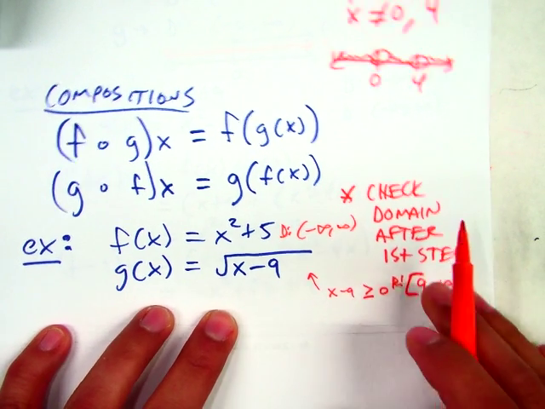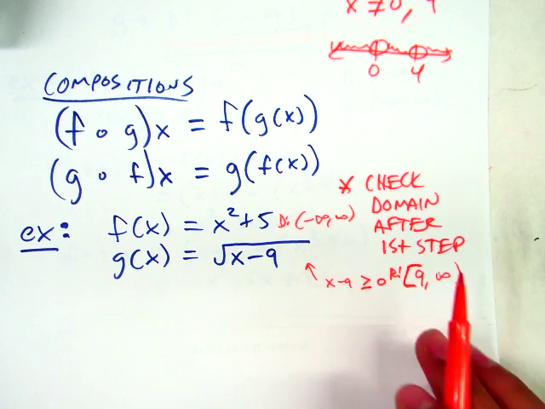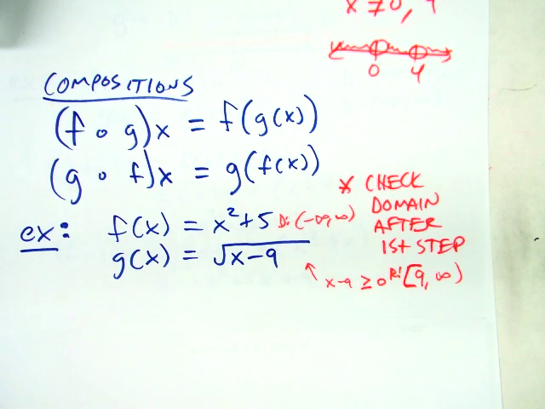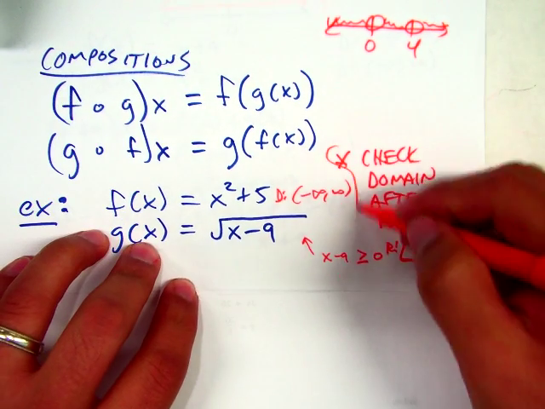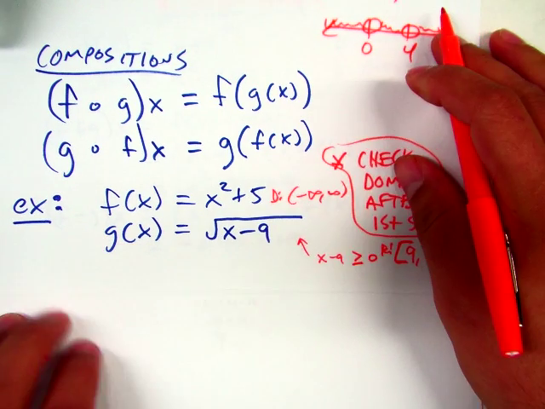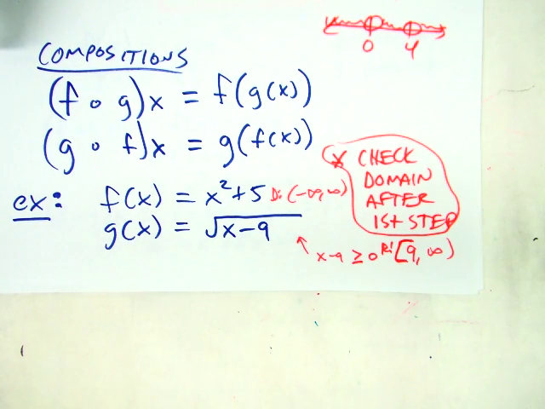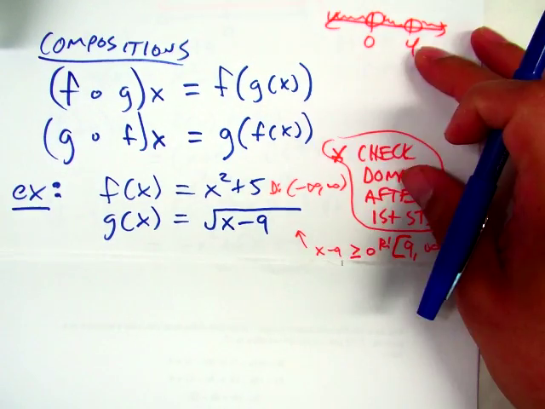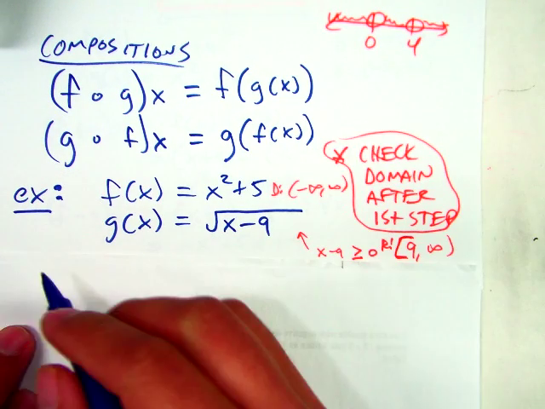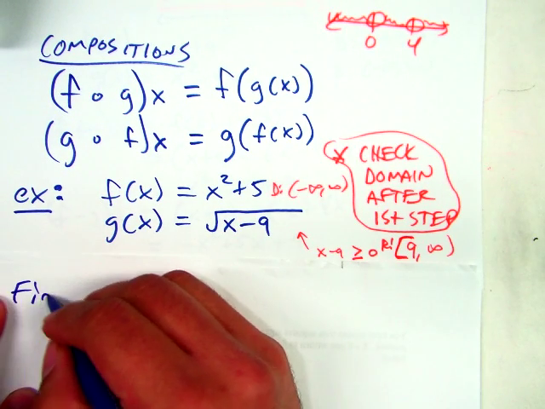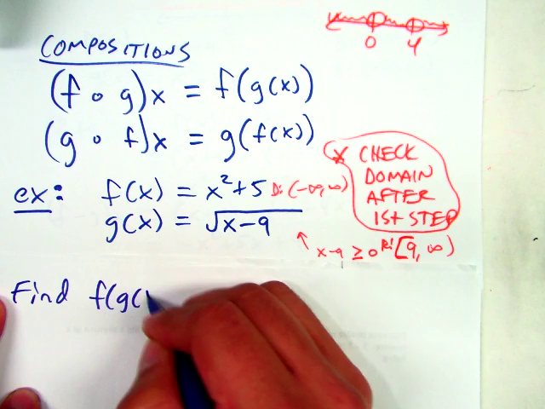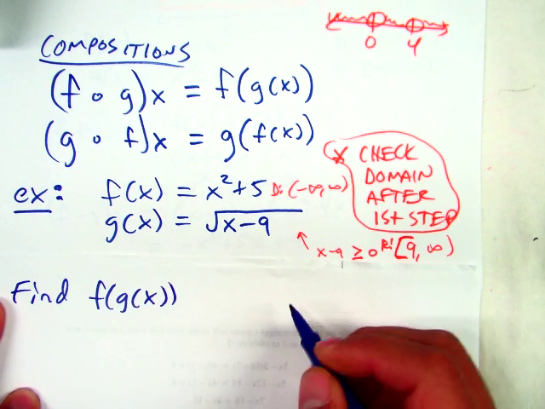But things could change a little bit depending on what you're doing with the composition. So check for the domain after the first step. Okay? If they want domain, sometimes you don't need it, you just do it. That's the easy question. Other times they'll ask you to find a composition and then also write out the domain. So let's do that. Let's find f of g of x, which is the same as f o g.